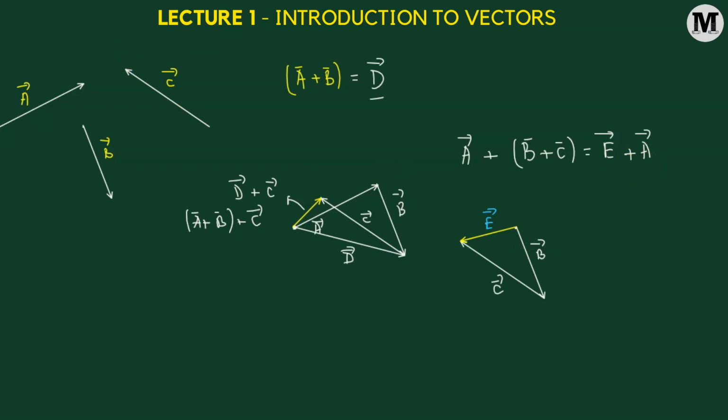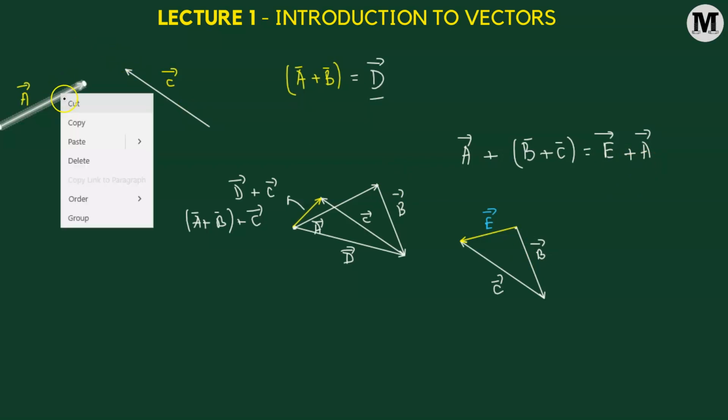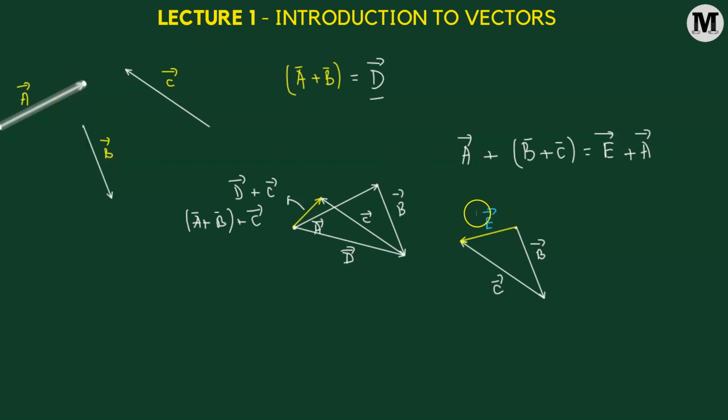Now let's take vector A. We're going to copy vector A and place the initial point of vector A so that it coincides with the terminal point of vector E. So now we have the vector E. We need to add vector E with vector A. Here we'll go to the initial point of vector A, this is the point, and then we have the terminal point of vector A. We need to join these two with the help of a vector.